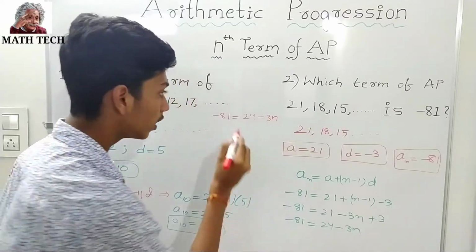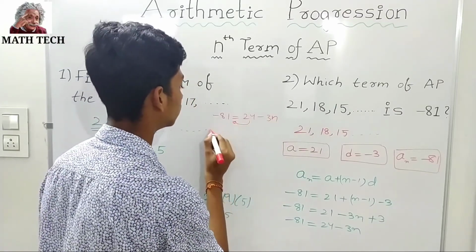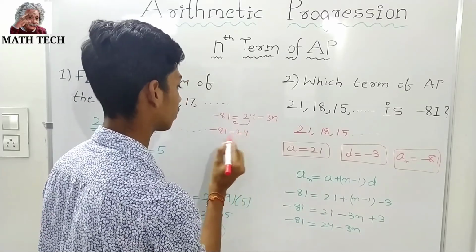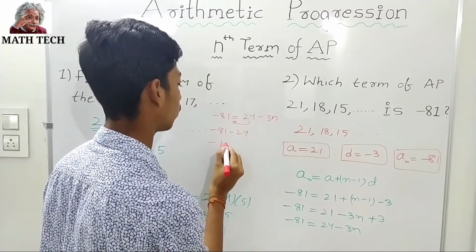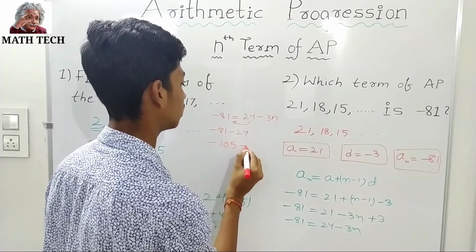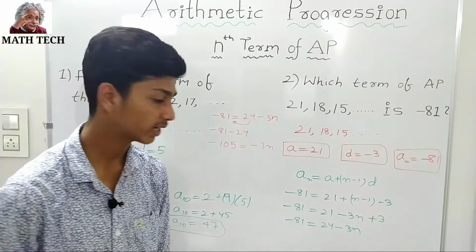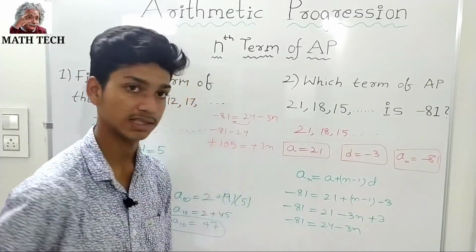If 24 goes here, that is minus 81 minus 24. That is minus 105 is equal to minus 3n. Minus minus get cancelled.